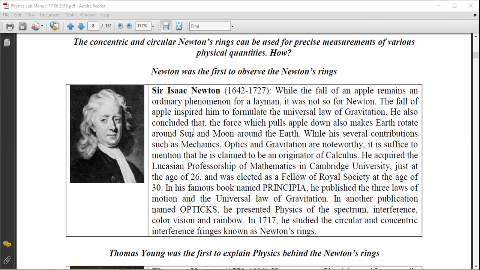Okay, so Sir Isaac Newton, a little bit about him, a very genius person.